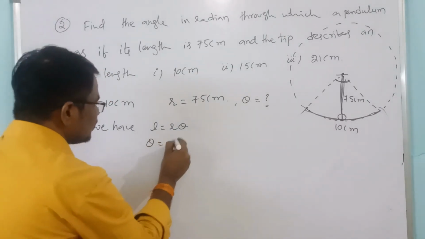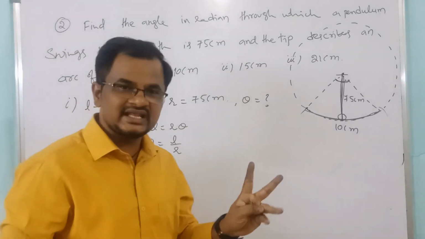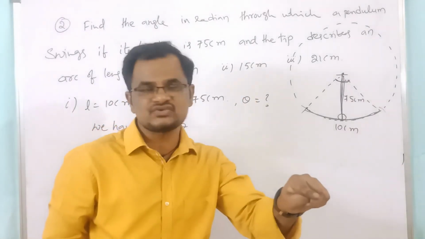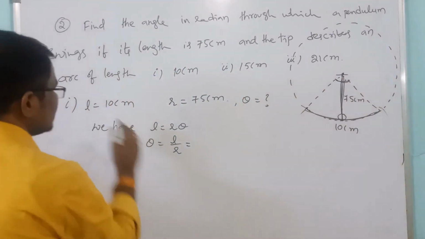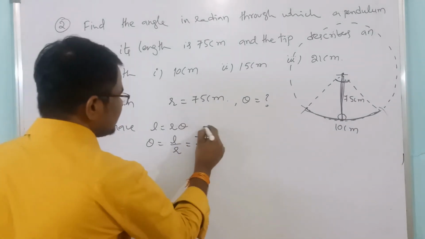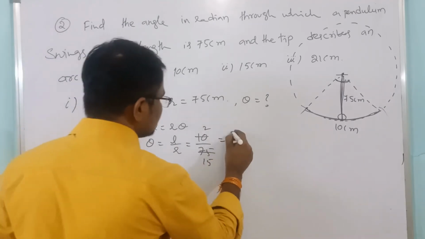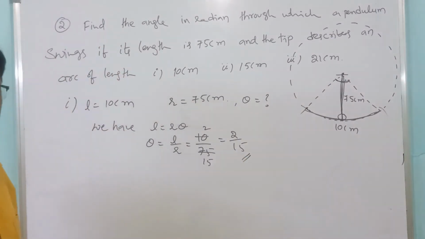Now theta equal to L by R. Whenever the length and radius are given, definitely theta in terms of radians we have to take, right? Now that is equal to 10 by 75. So 5 twos are 10, 5 fifteens are 75, that is equal to 2 by 15. So this is our answer, right?